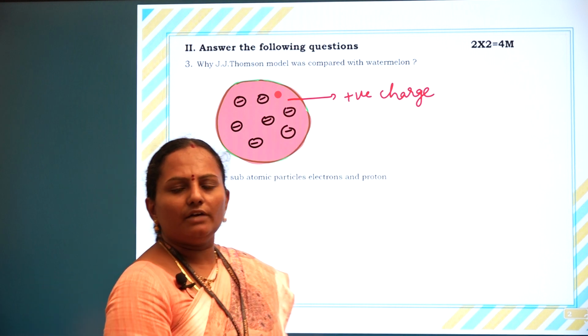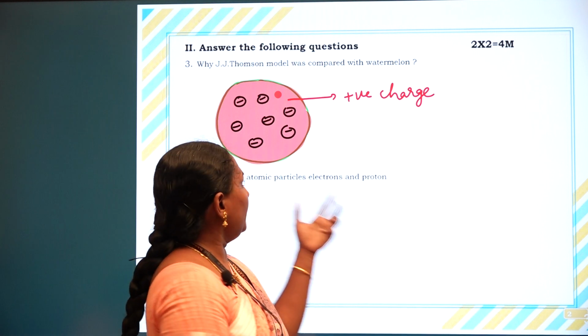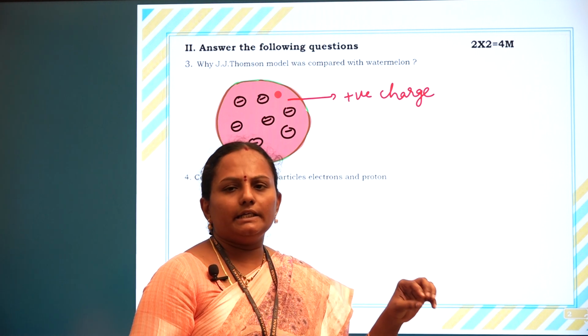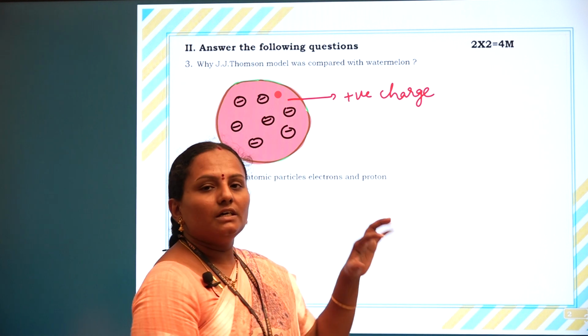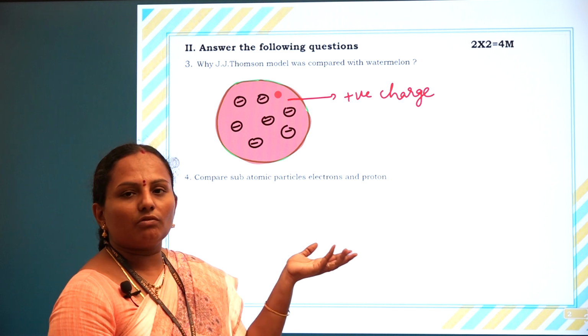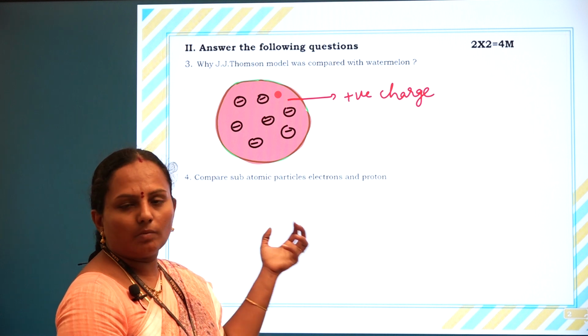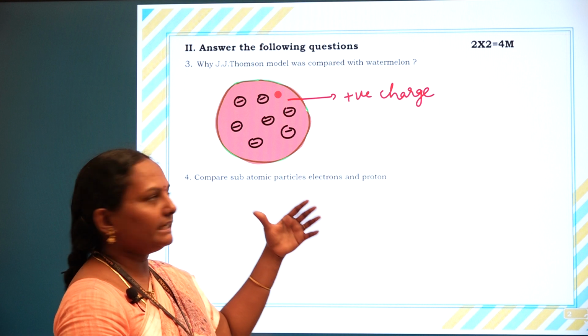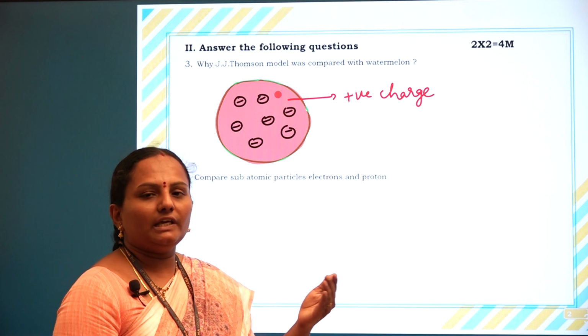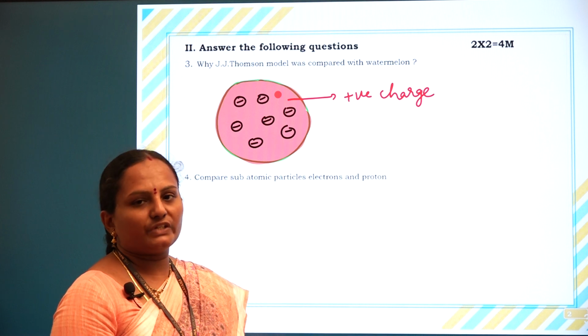Why? Because how can we separate a negative charge and a positive charge simultaneously without neutralization? How the negatively charged electrons are shielded from the positively charged mass, he didn't explain, and that is his drawback. But he gave the pathway for the explanation of the structure of an atom.